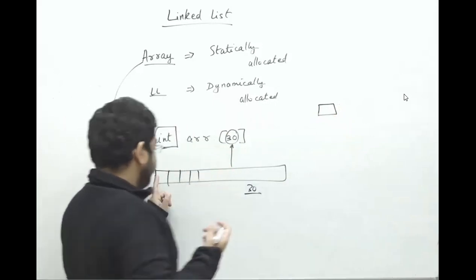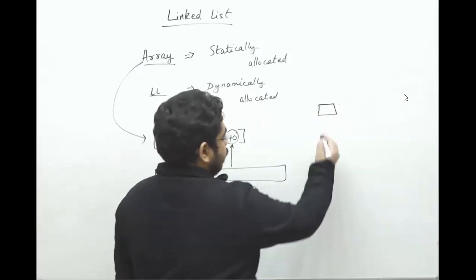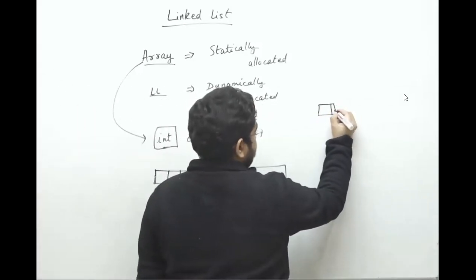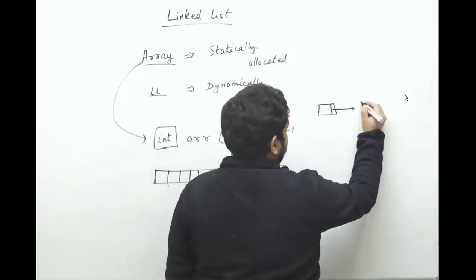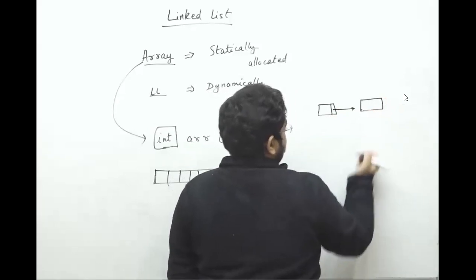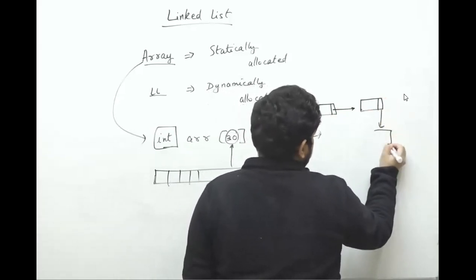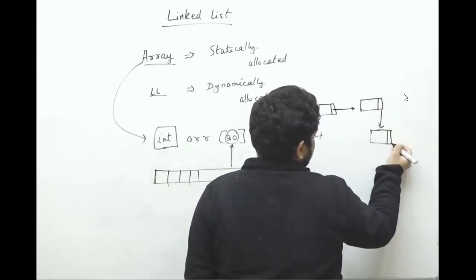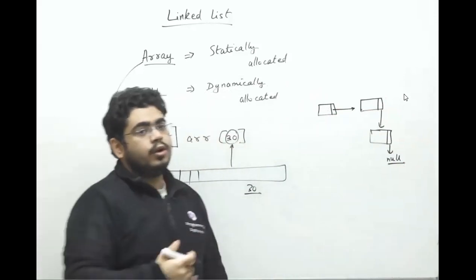Here we just have a pointer next to the next element. This pointer stores the location or the memory of the next element. Then this node also has a pointer that stores the memory of the next element. Finally, this is the last one. It will store null, indicating that there is no more element in the future.